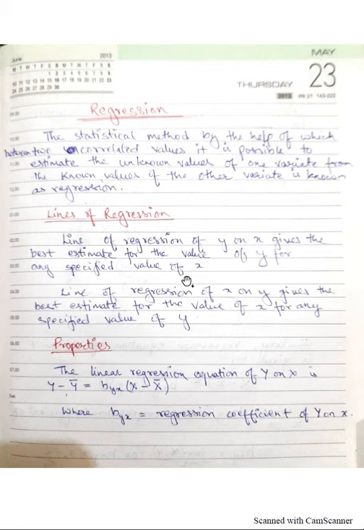So if we are given the line of regression of y on x, the equation will give us the best possible estimate of the value of y for any specified value of x.